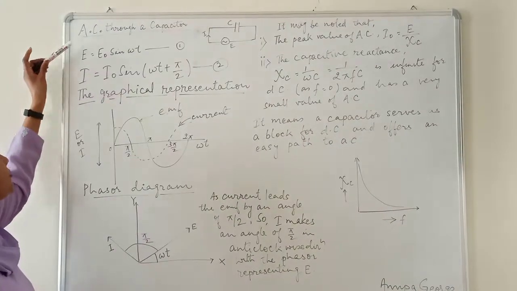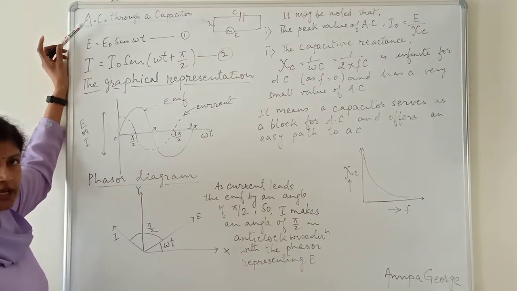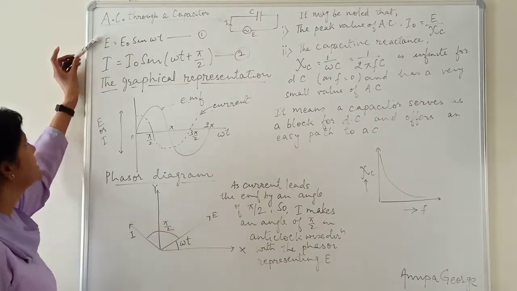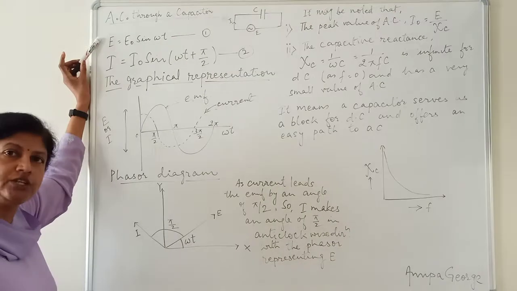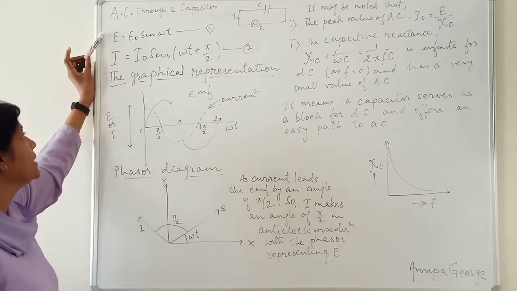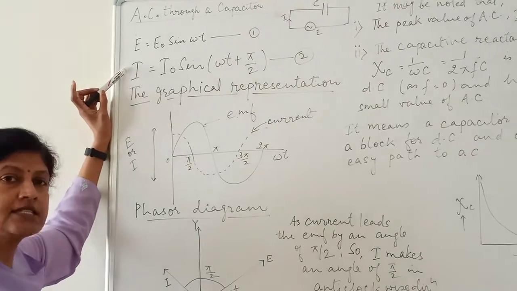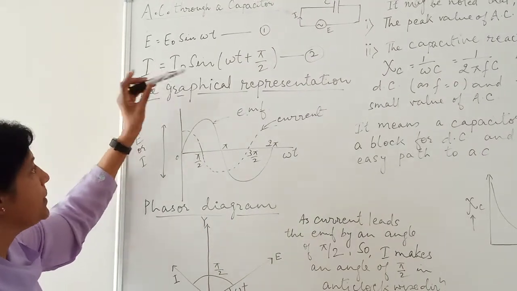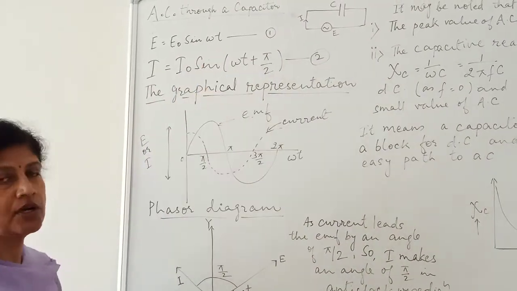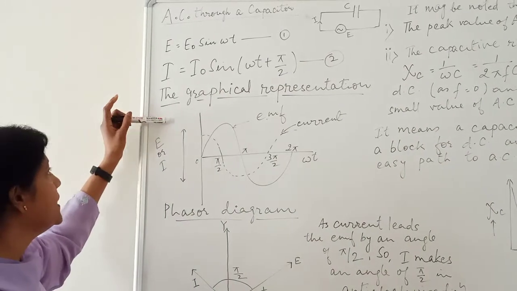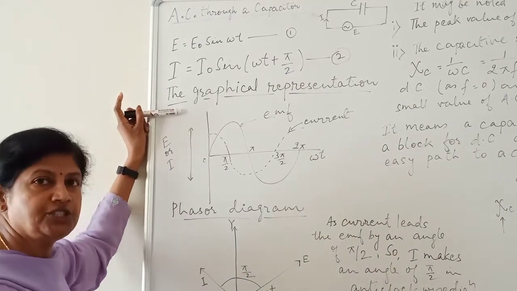Students, we have two equations. First, E is equal to E naught sine omega t, and second one is I is equal to I naught sine omega t plus pi by 2. So you see the graphical representation.